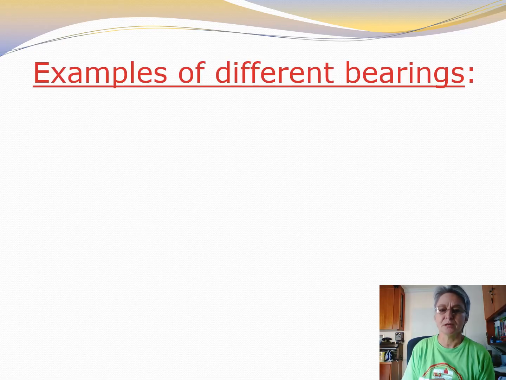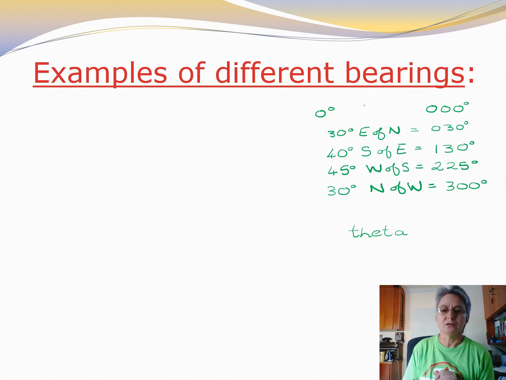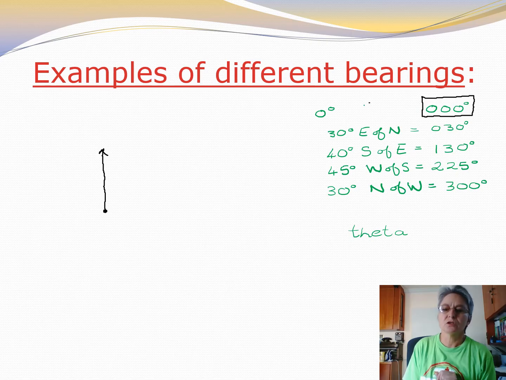So here are some examples of the bearing method. 0 degrees, or a pilot would learn 0, 0, 0 degrees. Why do they use 3 placeholders? Because 360 degrees is a revolution and there are 1, 2, 3 digits in 360.